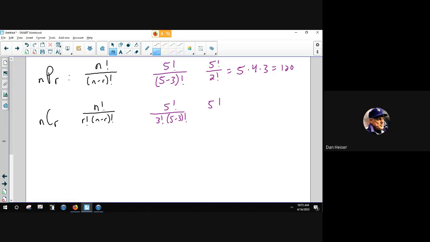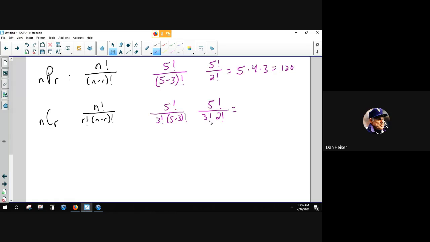We end up getting 5 factorial divided by 3 factorial, 2 factorial. Now, what's going to happen here is we still get our permutation value from these 2 values, but then we divide by 3 factorial.